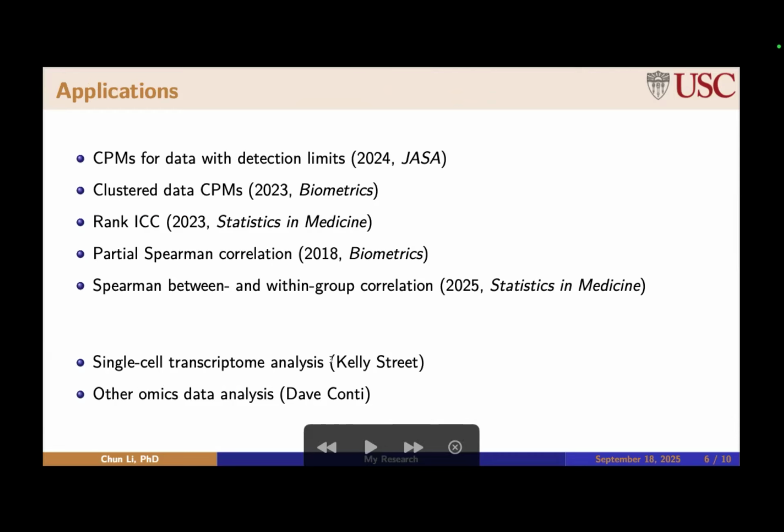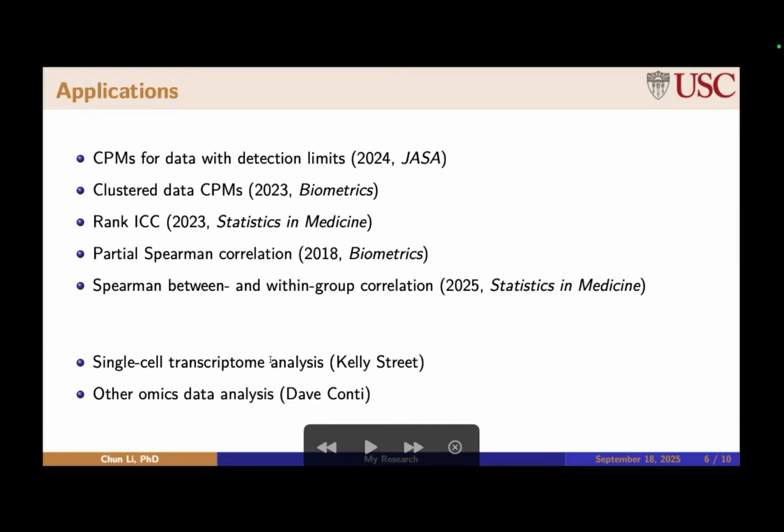Kelly reached out to me saying that skewed data is really notorious, widespread in transcriptome data. People always talk about transformations, and again, different transformations may lead to different conclusions or different top lists of candidates to follow up. It seemed to be a method that may work.